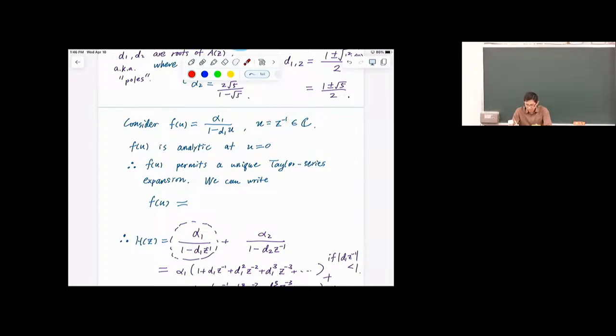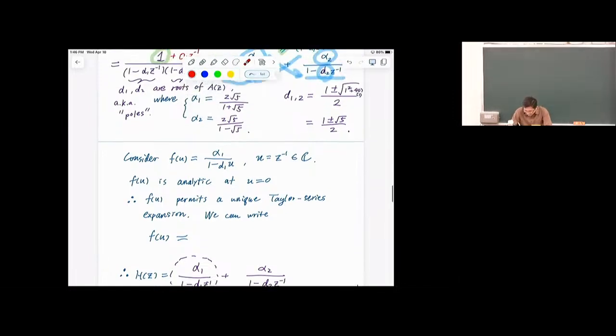Then f of u is analytic at the origin. Analytic means that this complex function is differentiable under the Cauchy-Riemann sense, Cauchy-Riemann 方程. Complex differentiable, analytic.